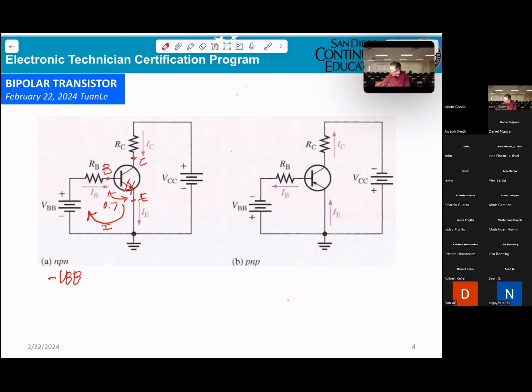Then when you go into the RB, positive here, negative on the other side, so you plus VRB. And then you hit VBE, that means you plus 0.7, equals 0.